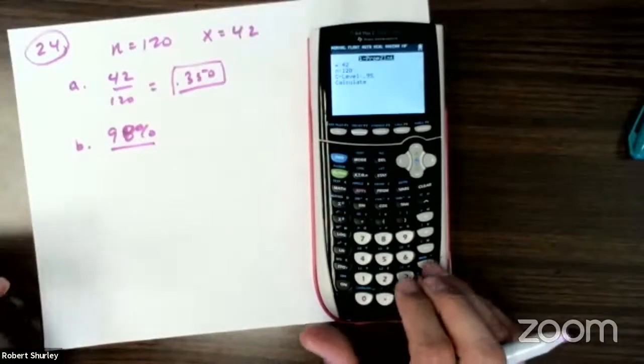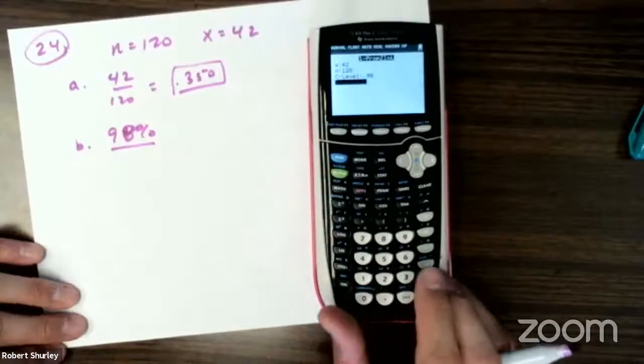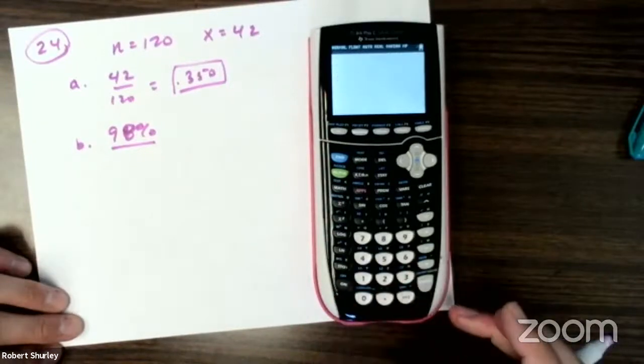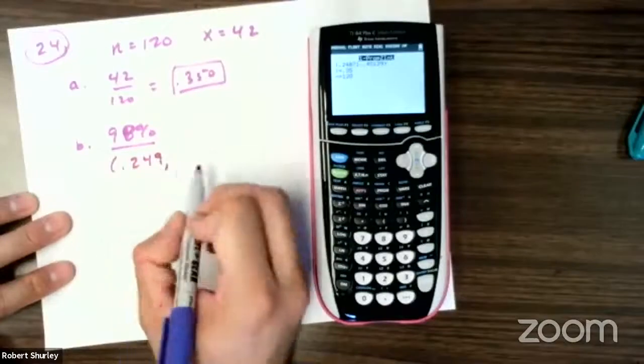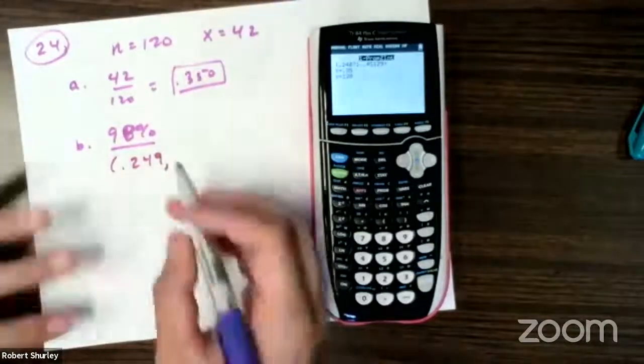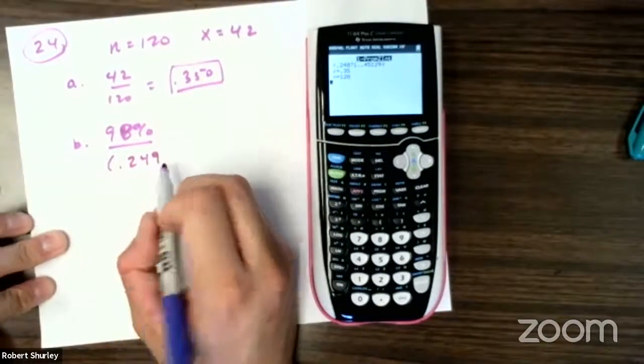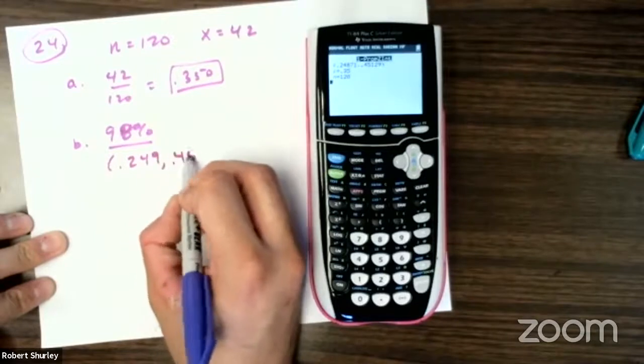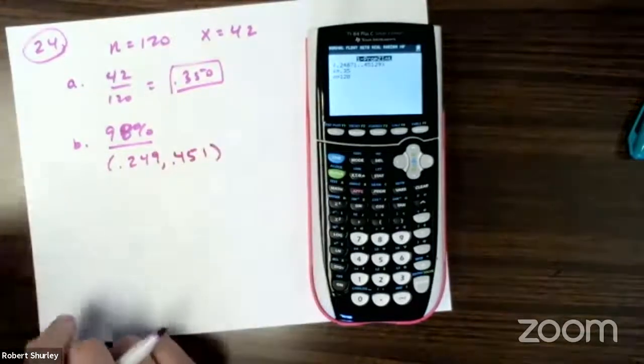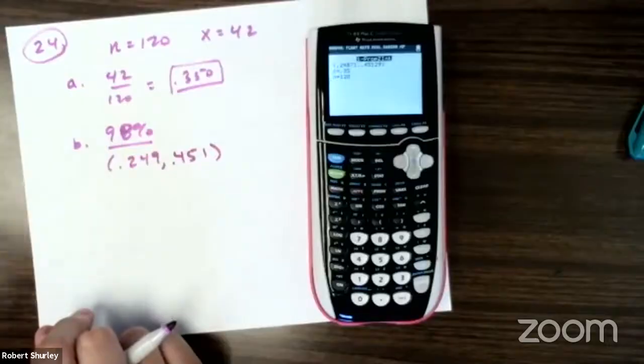Now they want 98%, so 0.98. Your book, for some reason, runs to 3 decimal places now. So 0.429 and 0.451. The book doesn't want to change anything. It's weird. They want to keep you confused.